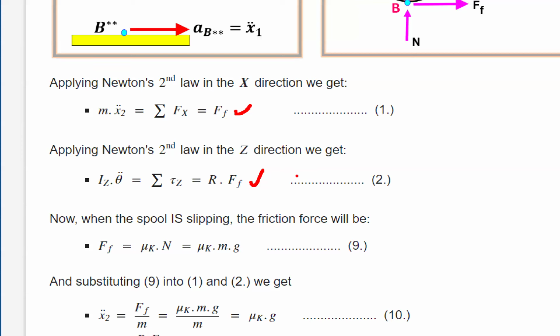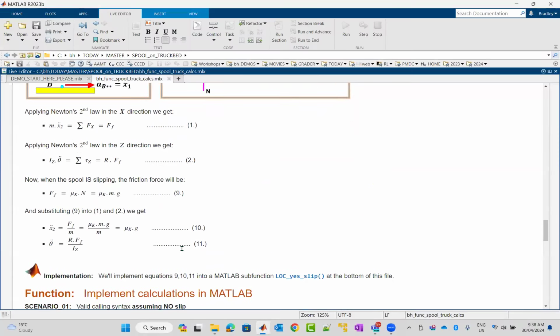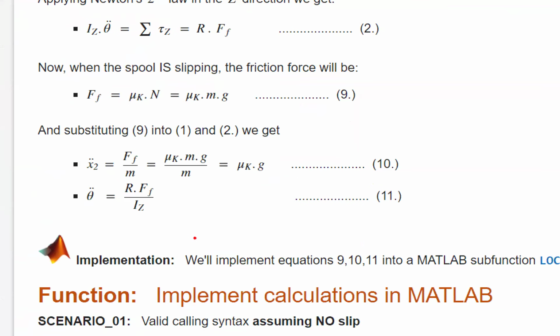So in that event, the friction force is related to the normal force by the kinetic coefficient of friction, because the thing is sliding. So we substitute what we know about the friction force directly into our Newton equations of motion, and we now get two equations of motion. One characterizes the translational acceleration of the center of mass, and one characterizes the angular rotation of the center of mass.